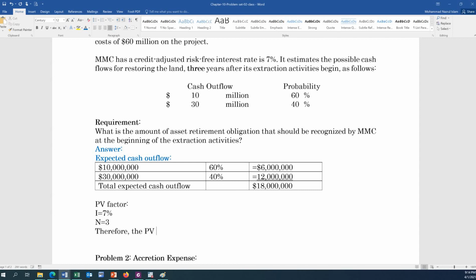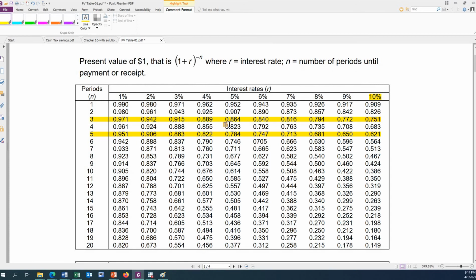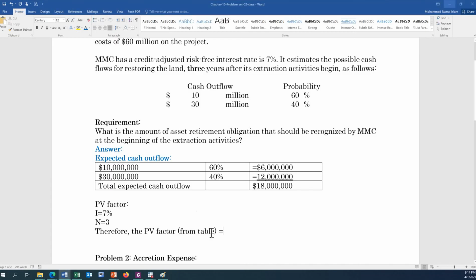Therefore the present value factor from the table, where n is 3 and the rate is 7%, is 0.816.